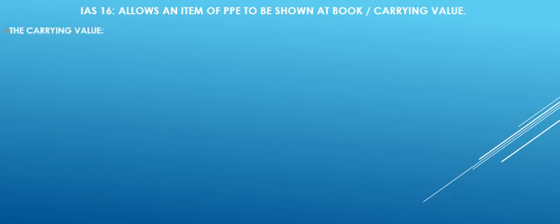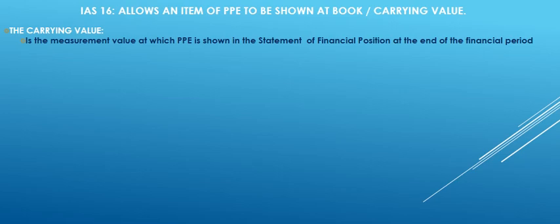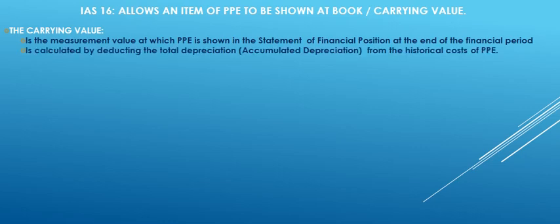The carrying value is the measurement at which PPE is shown in the statement of financial position at the end of the financial period and is calculated by deducting the total depreciation, referred to in accounting as accumulated depreciation, from the historical cost of PPE.